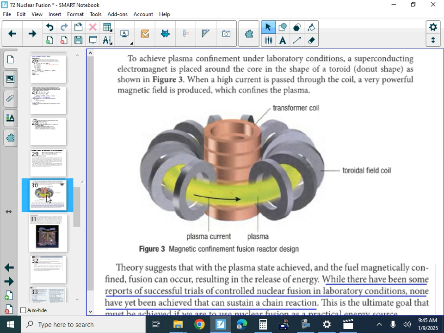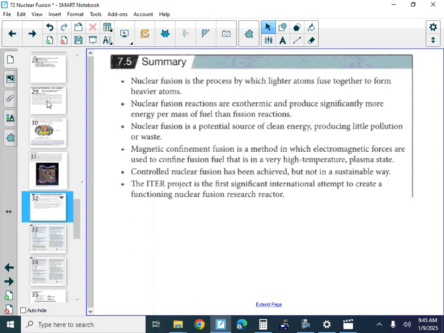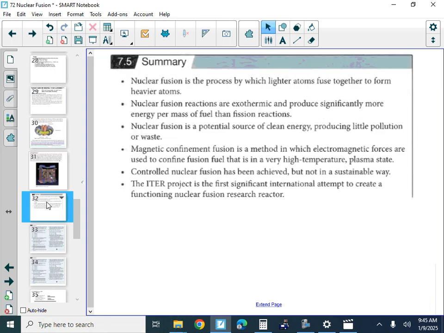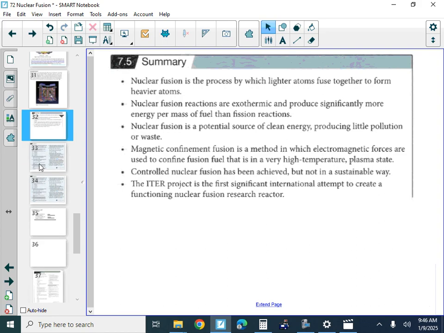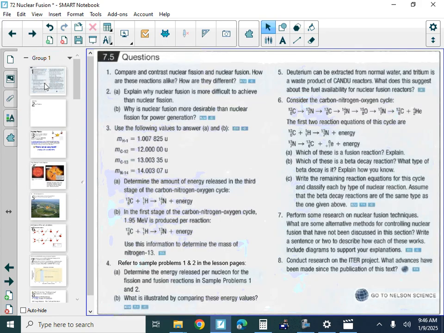You can try to confine a plasma in an area with a magnetic field and so on. But long story short, don't fall for the silly videos that say there's a car that can run on water. It's not possible at this point. It probably never will be, but people have said that in the past and been wrong. So that is your nuclear fusion questions.